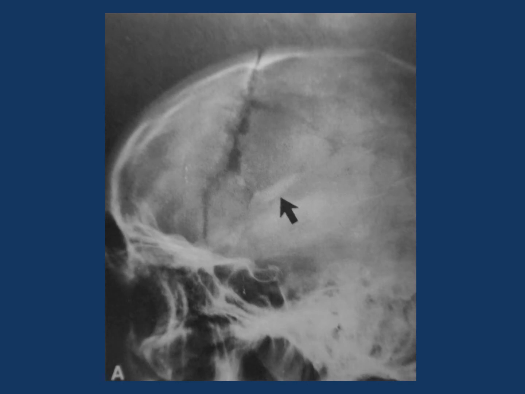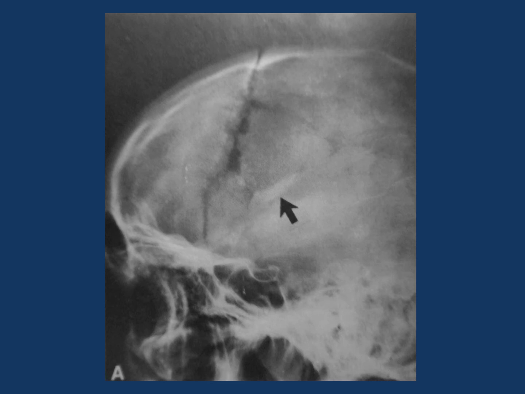Here is an example of the radiolucent fracture seen on the lateral view of the skull. The arrow points to a dense structure. This is actually a depressed fracture.